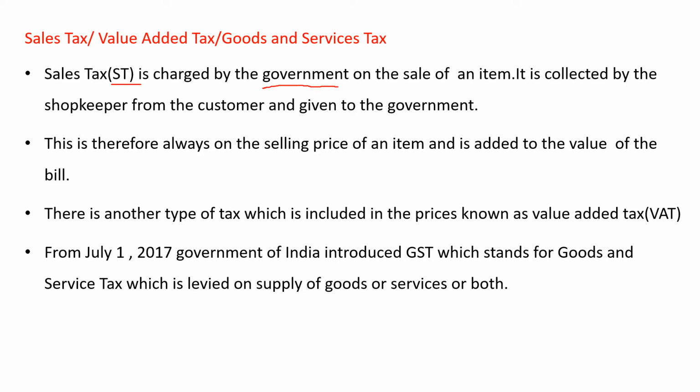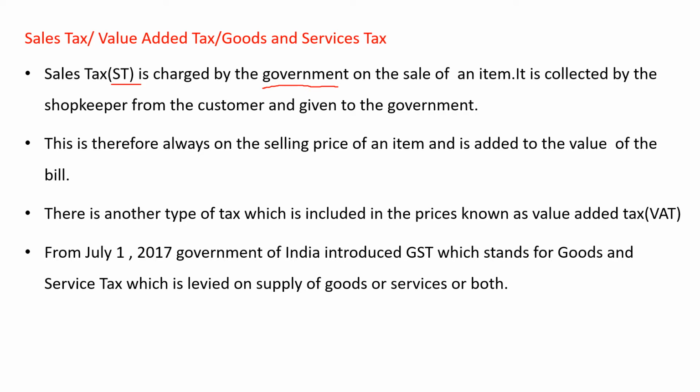In that 30 rupees, the tax is already added. 30 rupees is the price of a bag. Maybe 5 rupees is for tax. So 25 plus tax 5 rupees equals 30. So 30 is the price of a bag.